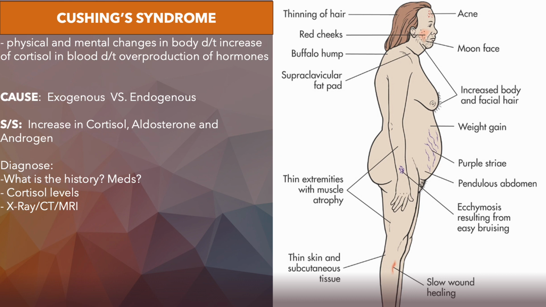And the problems that we start to see in this patient are going to be from head to toe. So when we see the inappropriate metabolism of carbs, fats, and proteins because of too much cortisol, we see that the patient is going to have a lot of muscle wasting, a lot of adipose tissue, and especially a lot of obesity. And then they can develop these buffalo humps as well.